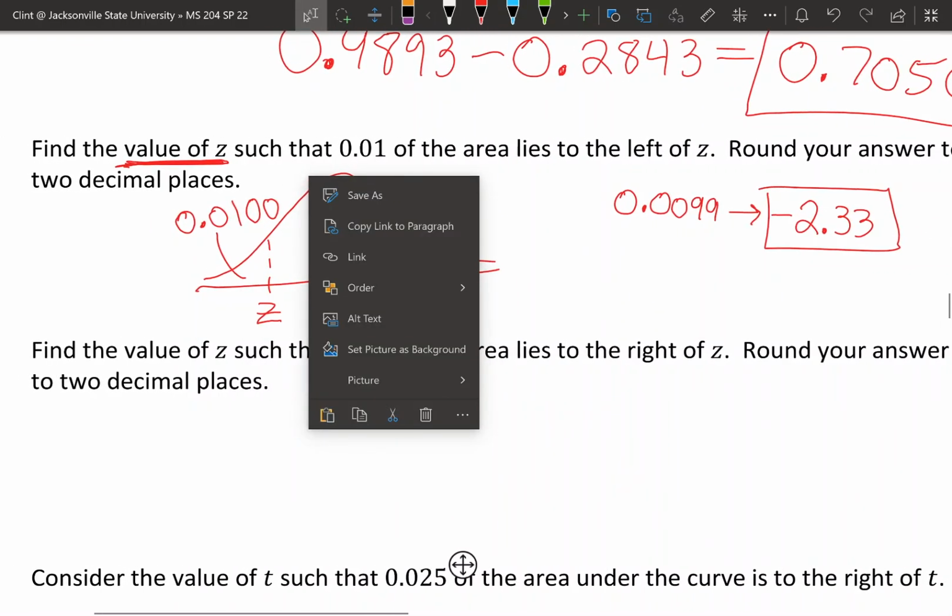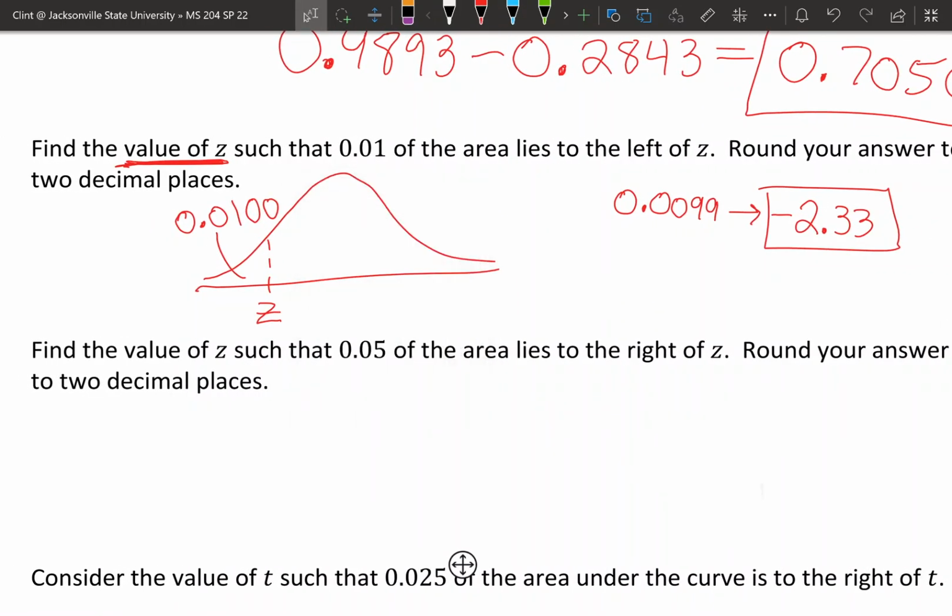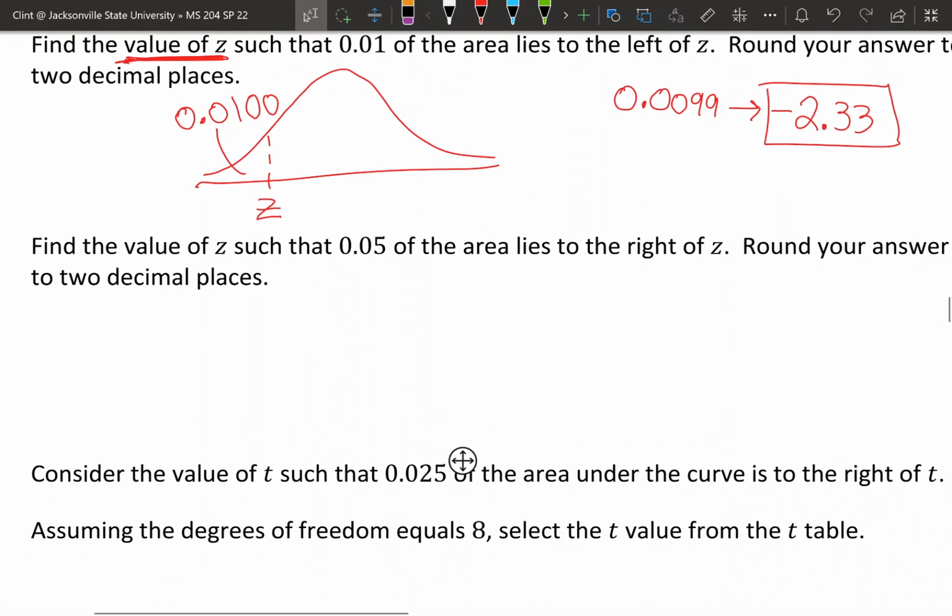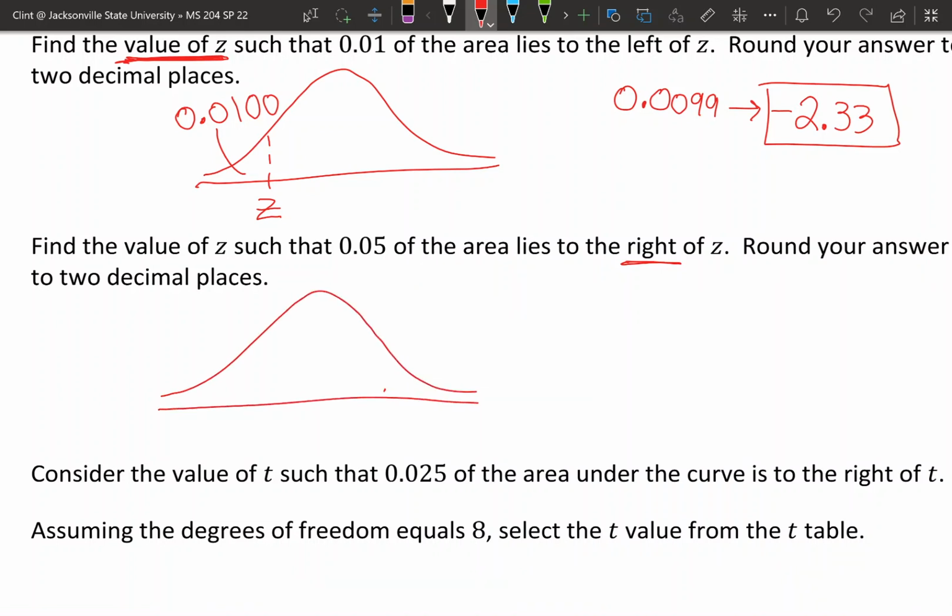Number 15 is almost, or it is the same type of problem. It's just we're dealing with our area to the right. So on this one, we got some z with the area to the right, and it's going to be 0.05. If I remember correctly, this is one of the ones where it's a little bit trickier.